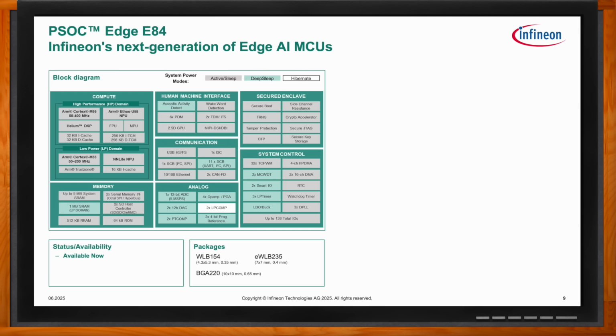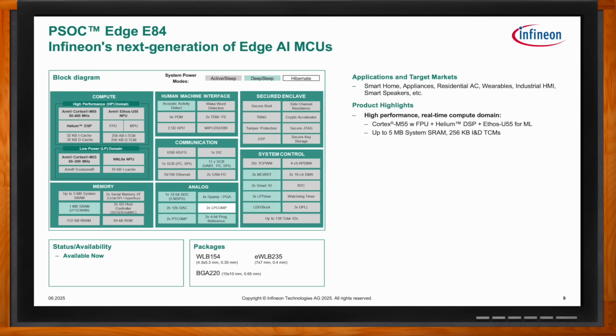I've kind of gone over a couple of high level features, but if you take a deeper dive, of course, I've said we have a Cortex M55 with Helium DSP in the high performance domain, right? That domain also contains and supports an Arm Ethos U55 neural processing unit being able to run at up to 400 megahertz.